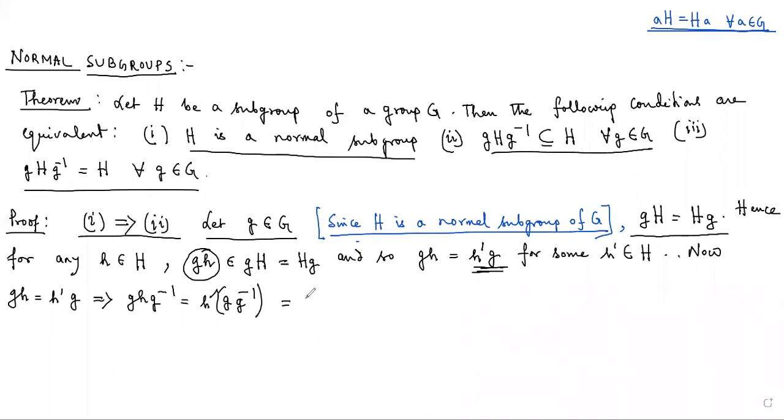Okay, which implies that it becomes h prime only because g g inverse is the identity element. And therefore what we have got is that g h g inverse is actually nothing but the element h prime itself, which belongs to capital H.